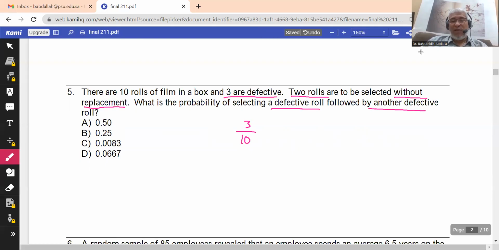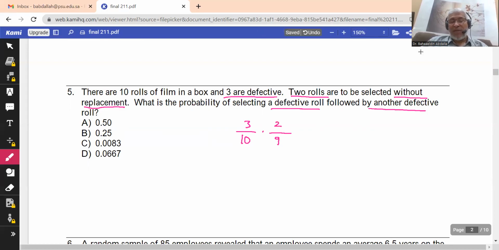So this is the probability of selecting a first defective roll, followed by, so we multiply, another defective. Now the experiment is without replacement, so instead of 10, now we have 9 rolls. And the number of defectives, we have 3 originally, but we selected one of them in the first roll, so we still have 2 in the second roll.